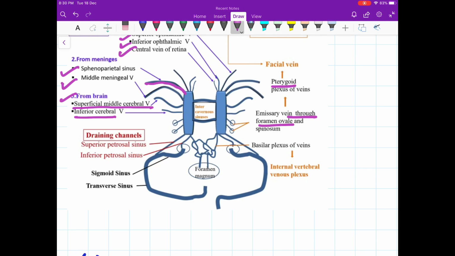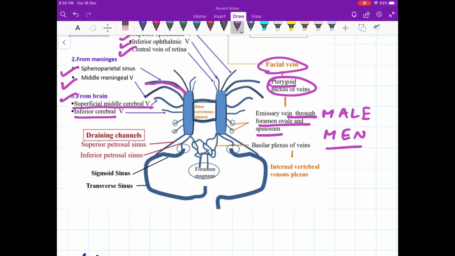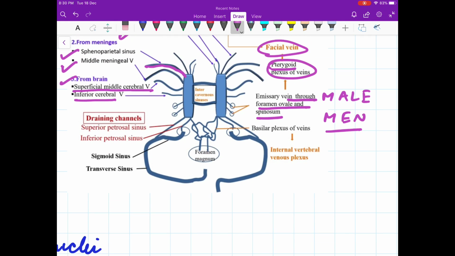And through the emissary veins that we discussed in foramen ovale, remember the mnemonic MALE and MEN. The E stands for emissary veins. They connect it to the pterygoid plexus of veins, which connect it to the facial vein. And this cavernous sinus drains into transverse sinus through the superior petrosal sinus, and through the inferior petrosal sinus into the jugular bulb.